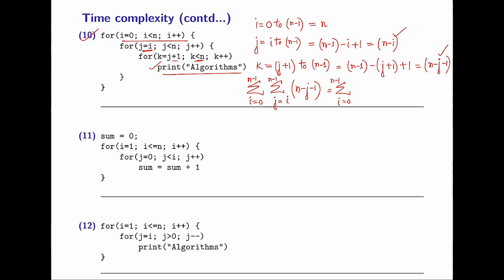So if I do that, it will be j equal to i to n minus 1. We can write here n minus 1, minus this whole thing, minus summation j equal to i to n minus 1. Here it will be j, right? So n minus 1 minus j. We have separated this thing.